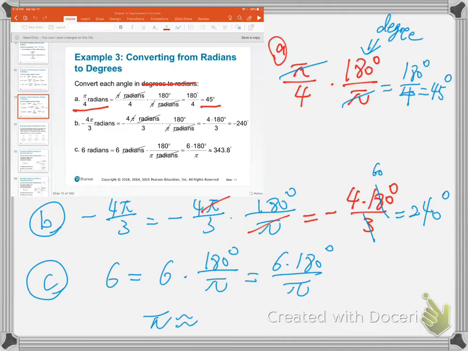Pi is about 3.14. So you just use 3.14 for the denominator, and then use a calculator, you can get the answer. So it's about 343.8 degrees. So sometimes you have to change pi to 3.14 and then use a calculator to get the degree measure.